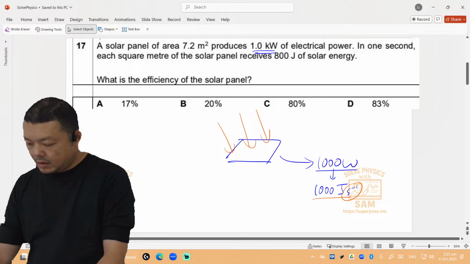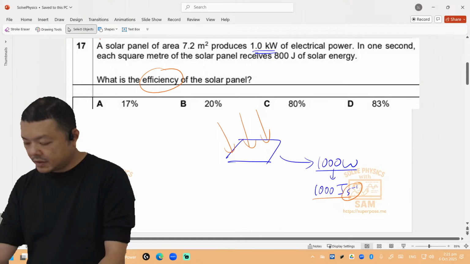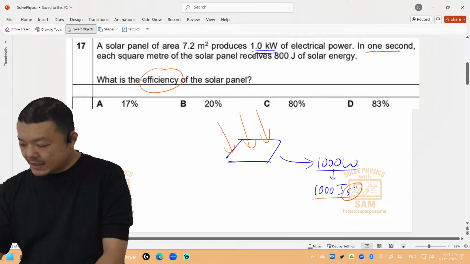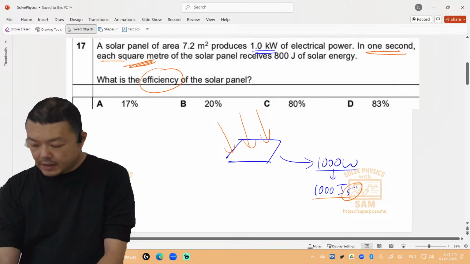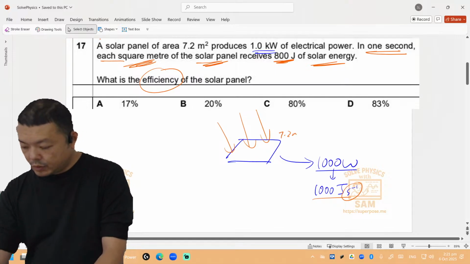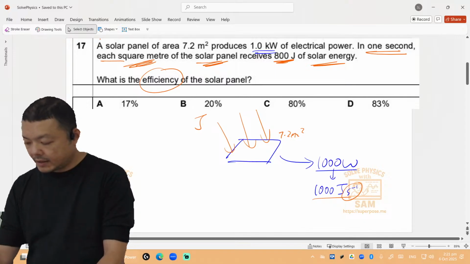Okay? So the question is asking you for the efficiency, right? They tell you that in 1 second, each square meter of solar panel gets 800 joules of solar energy. So this is a 7.2 meter square solar panel. So how many joules of sunlight does it get?